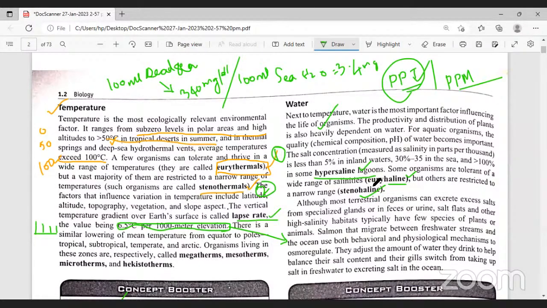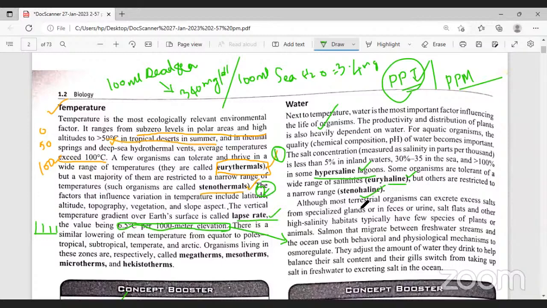Don't forget, my dear. Although most terrestrial organisms can extract excess salt through specialized glands or in feces or urine, salt flats and other high salinity habitats typically have few species of plants or animals.